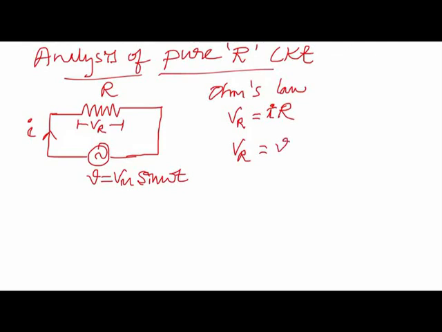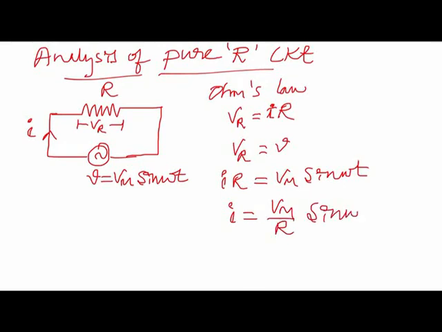So if we substitute these two equations, VR is equal to IR and V is equal to Vm sin omega t, we get I into R is equal to Vm sin omega t. So current I will be equal to Vm by R into sin omega t, and this can be written as I is equal to Im sin omega t.